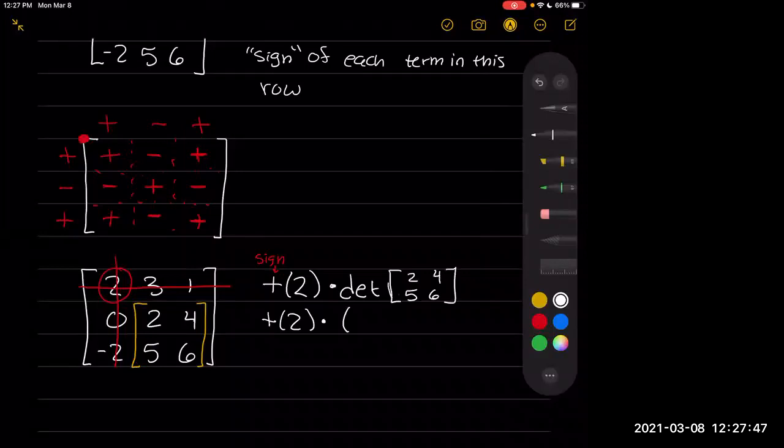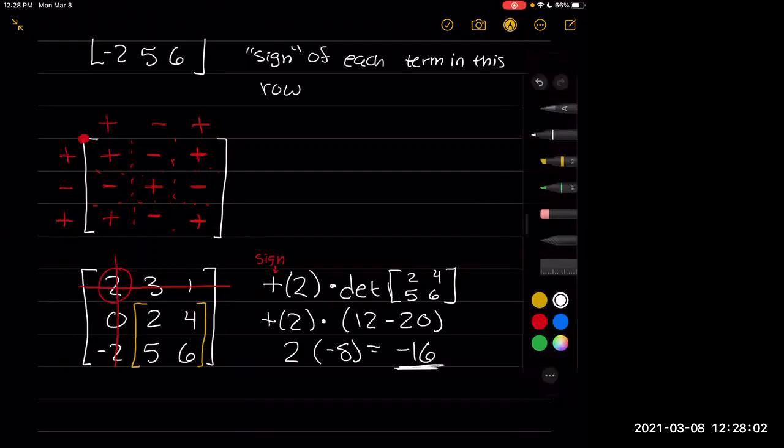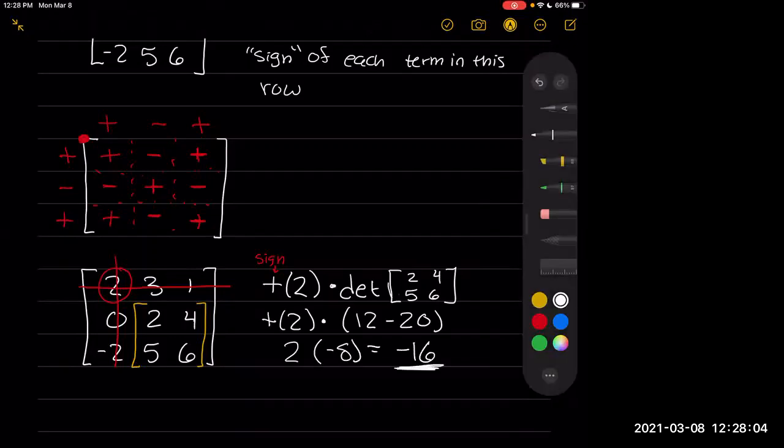And so the determinant of this is 12 minus 20. So for this one part of the matrix, we get 2 times -8, which equals -16. We're going to remember that because we're going to use it again in a second.